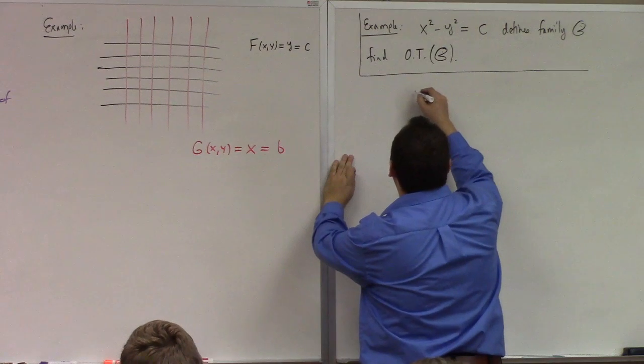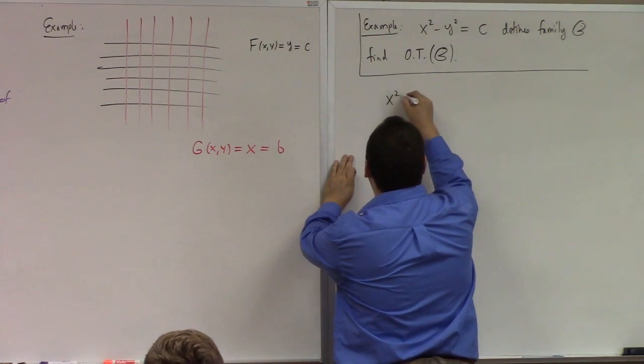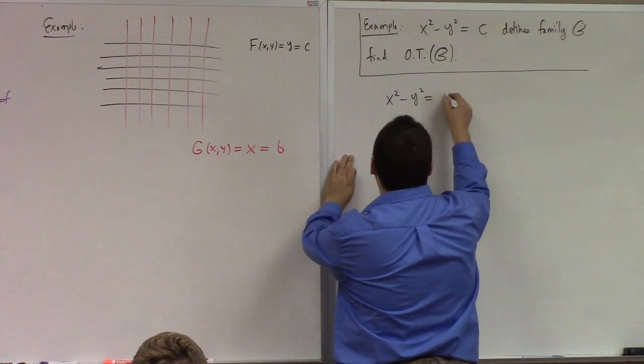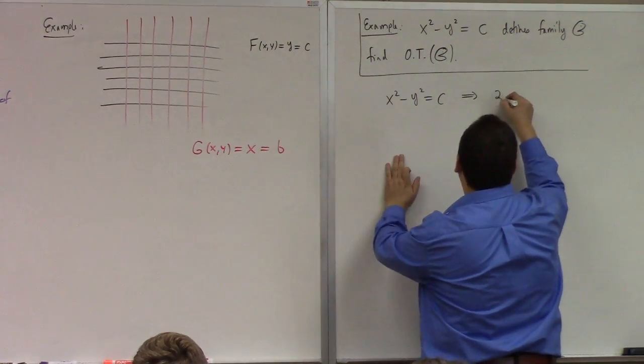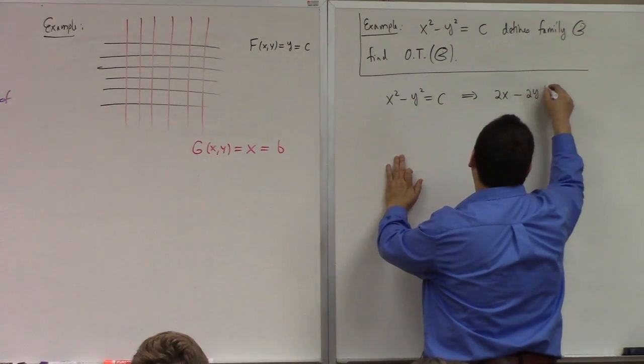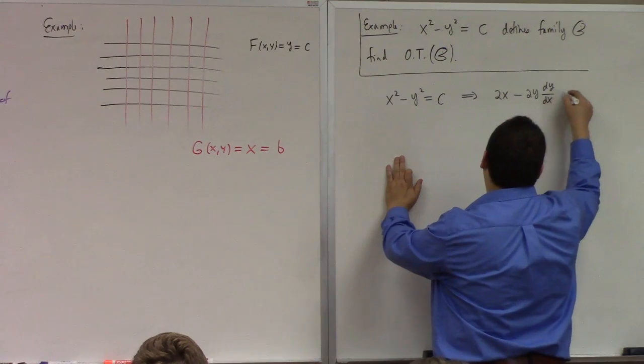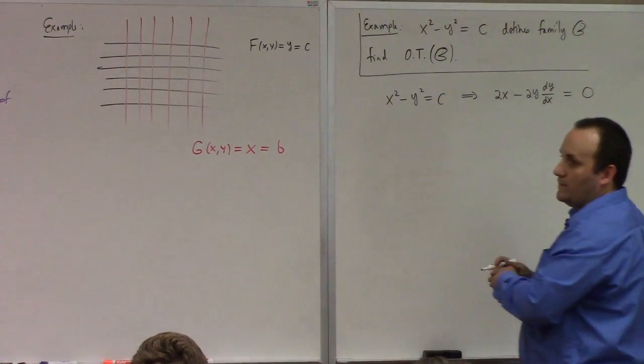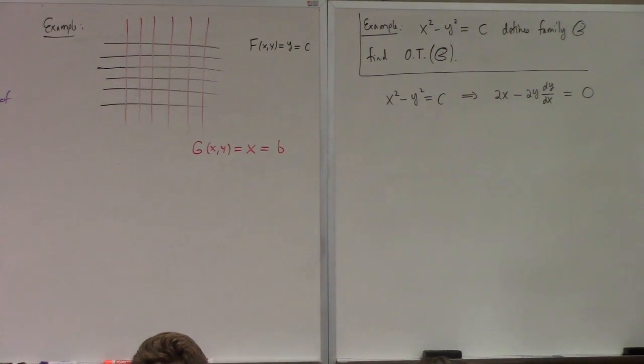Let's find out what it is. So, if we have x squared minus y squared equals to c, that implies that 2x minus 2y dy dx is equal to 0, right? This one is nice in the sense that the parameter of the family just differentiated away. Sometimes you have to make an extra step to get rid of the c. I'll try to, the next example I work, I'll try to have that detail, okay? But I'm going to stick with this one here.